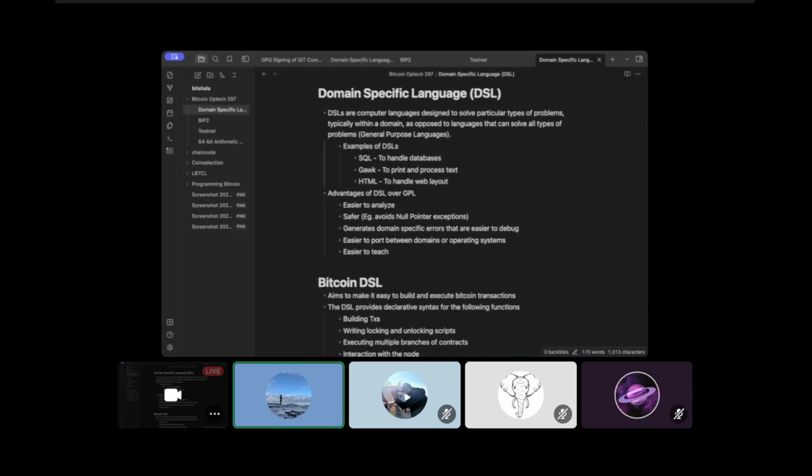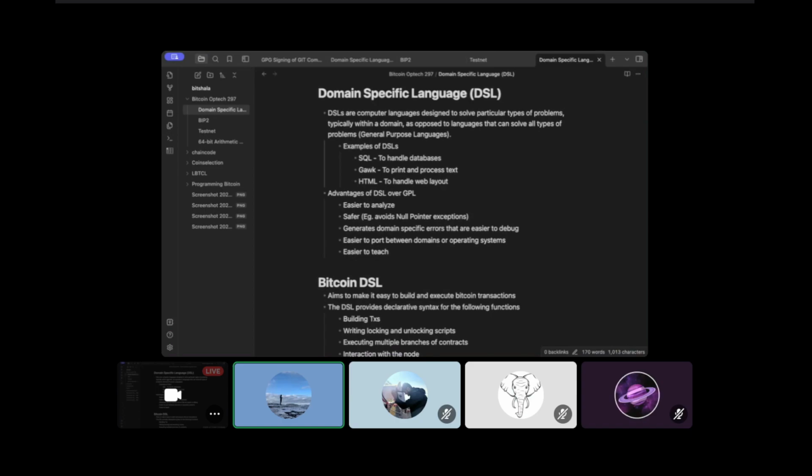Also, DSLs are typically made platform agnostic, so you can port them between domains and operating systems. And because of their limited functionality, they are generally easier to teach. So these are the general ideas behind DSLs.